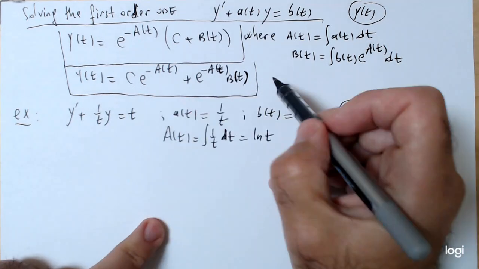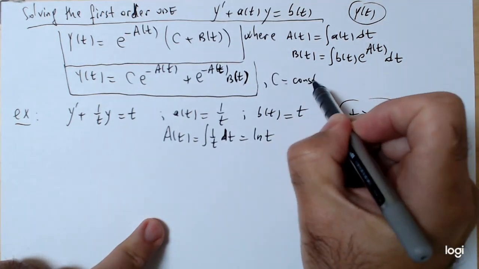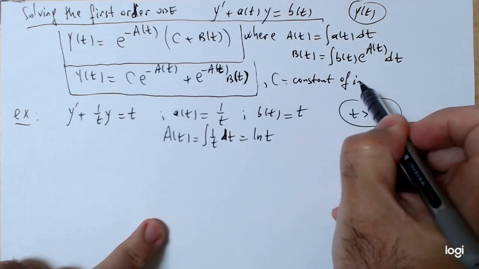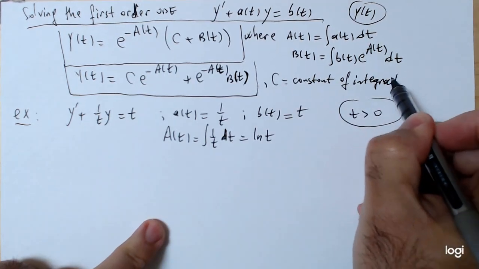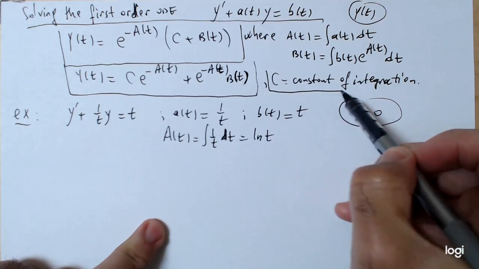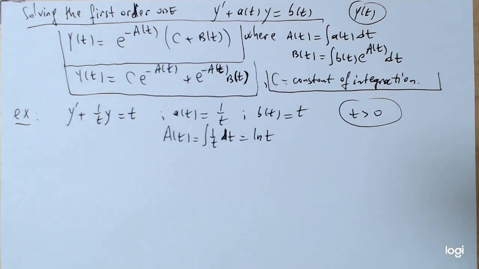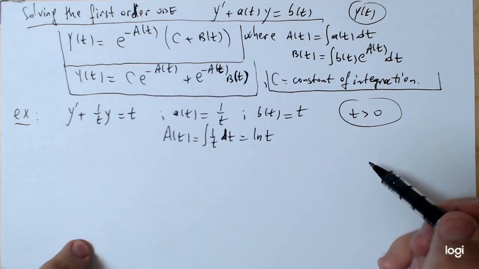And I forgot to mention here that c is a constant of integration, which will always be determined at the end from the initial condition. All the models will have some initial condition to begin with.